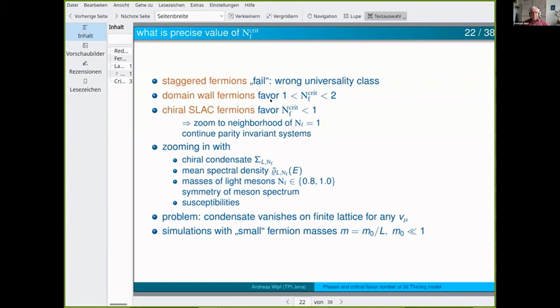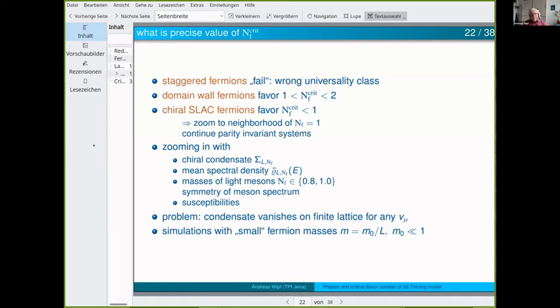And we would say that for 1, even for 1, there is no spontaneous breaking. So then, since there was this discrepancy, we decided to zoom into N equals 1 and study the models at N between 0.5 and 1.1. And we looked at 25 different numbers of flavors. In our algorithm, we can actually assume that the number of flavors is a fractional number.